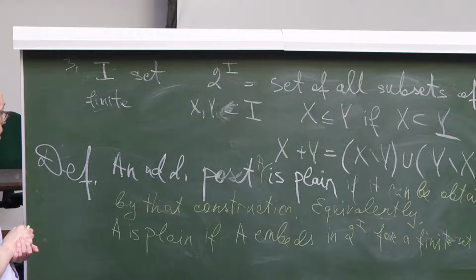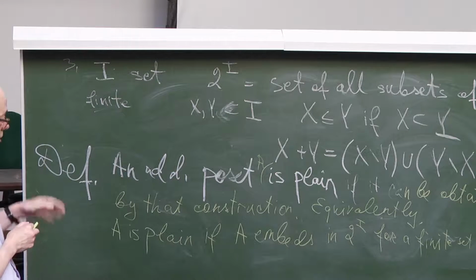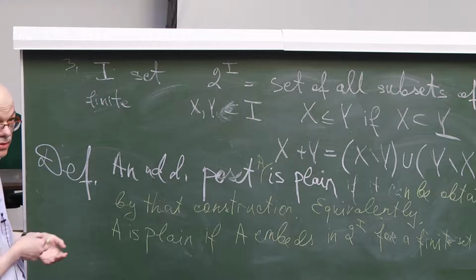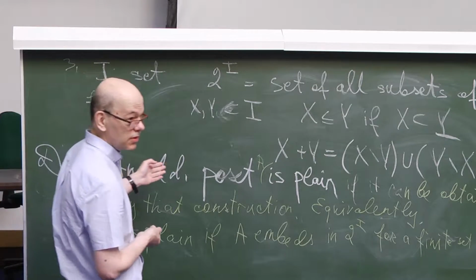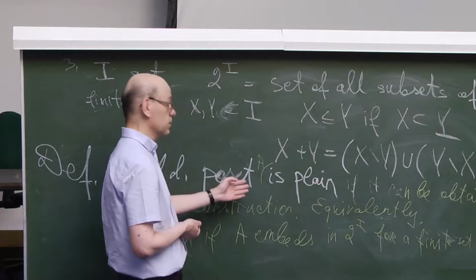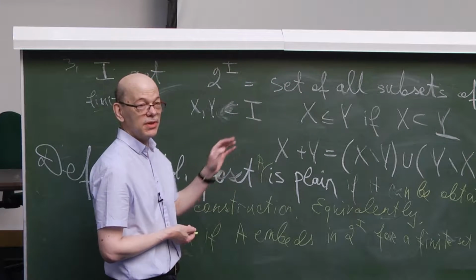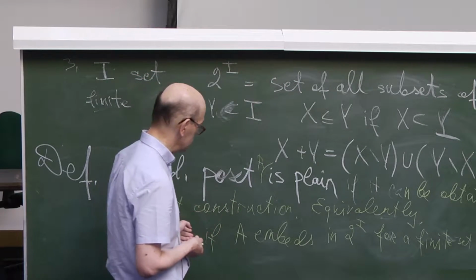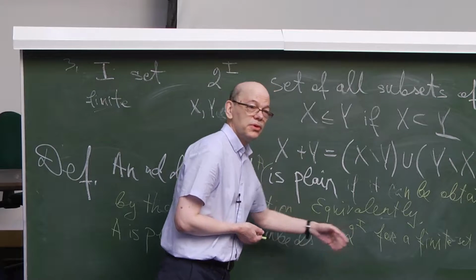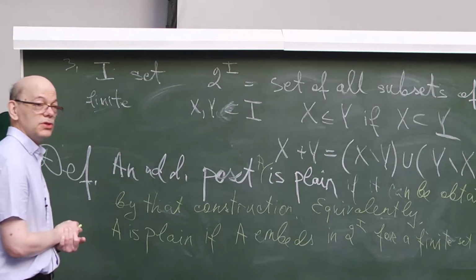Now, one question I have is whether it is true or not that all additive posets, let's say finite, are plane. So I don't know any example of an additive poset which is not obtained by that construction, or equivalently, which is not isomorphic to it. So that's a question.